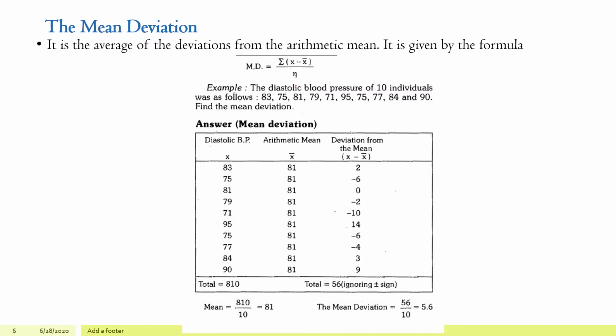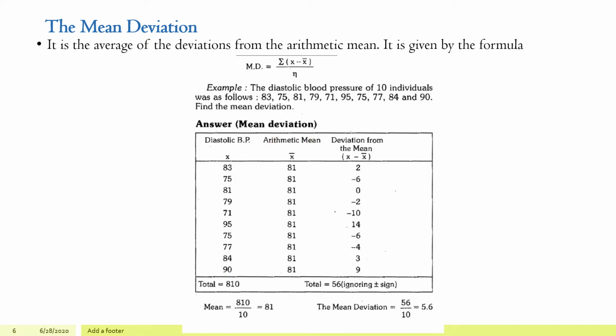So this is an example of how to calculate the mean deviation. For example, the diastolic blood pressure of 10 individuals was as follows. These are the diastolic blood pressures. Then we have to find the mean deviation. So this is diastolic pressure, that is x. Then the arithmetic mean.